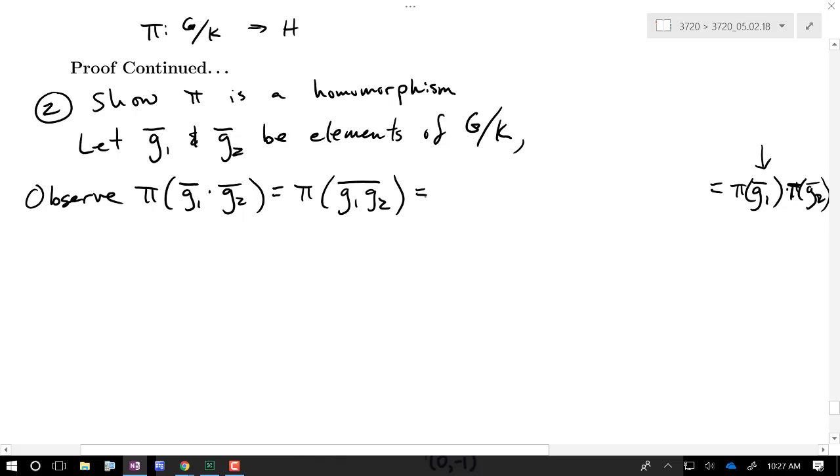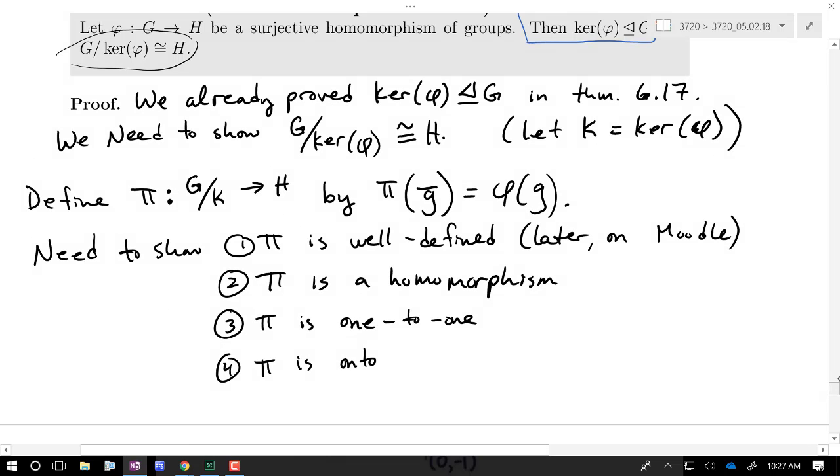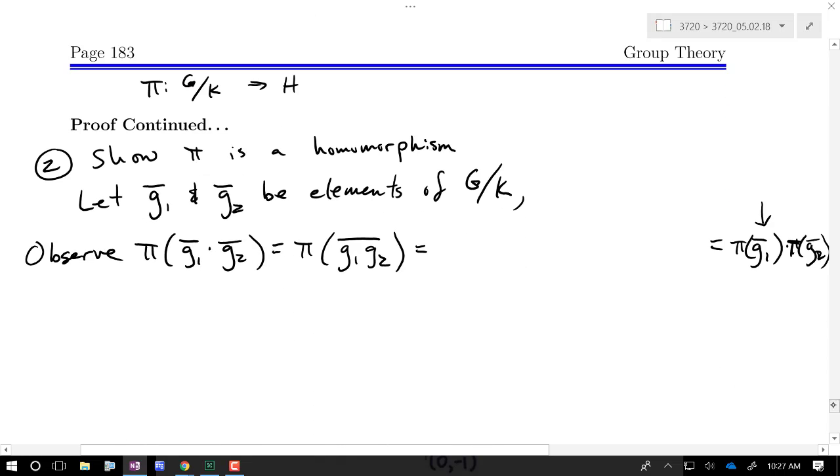Now, how did we define the pi function? We said that pi of a coset was just phi of the element, so we could write this as phi of G1 times G2.